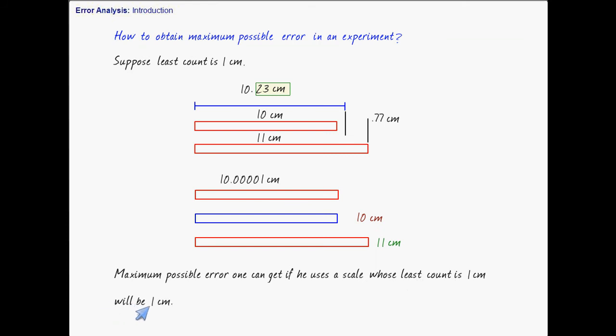The least error is 0. It might happen that you are measuring the length of a pen whose actual length is 6 centimeter. You won't get any error in that case, because wherever 6 centimeter is written on the scale, it will exactly coincide with the end of the pen. But the maximum possible error you can have will be exactly equal to the least count.